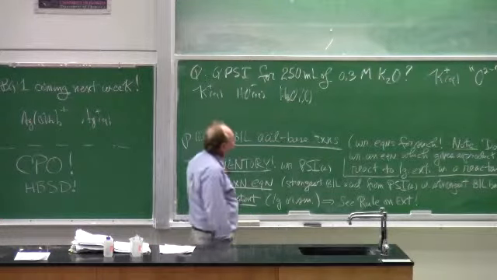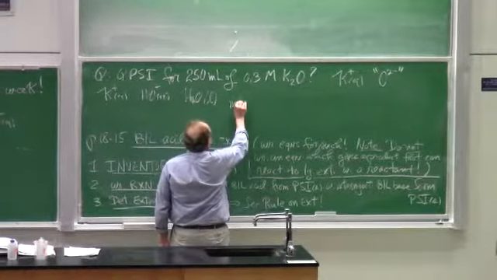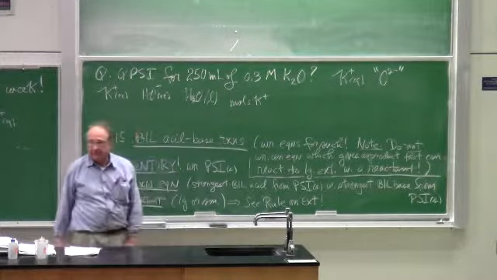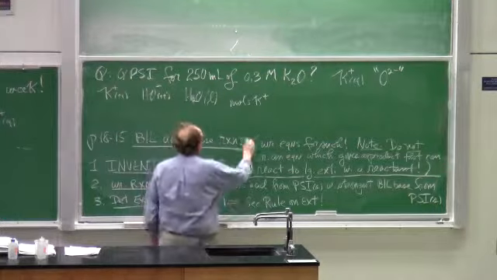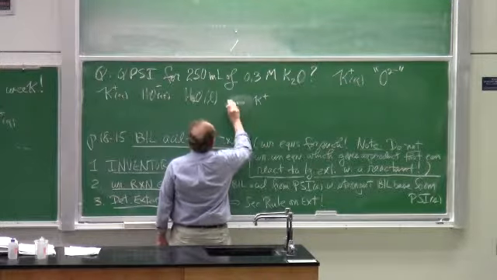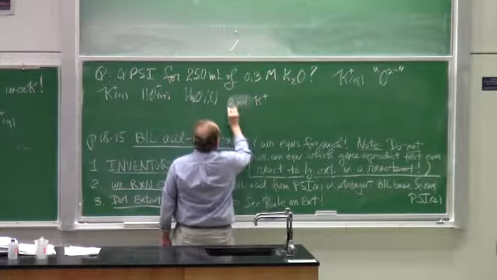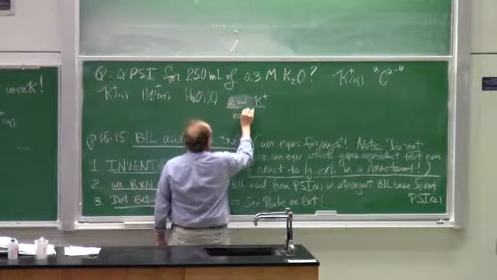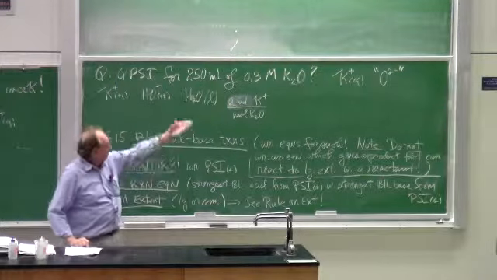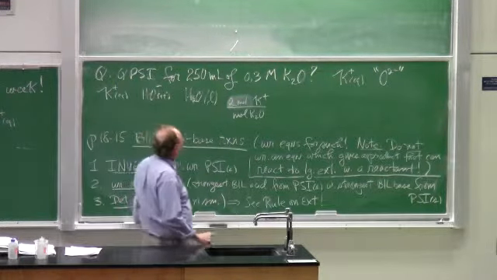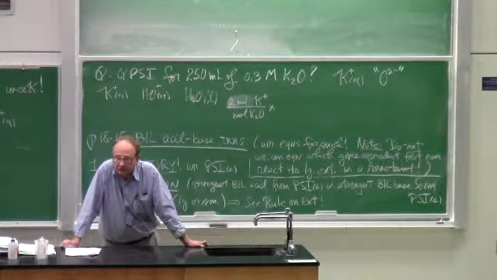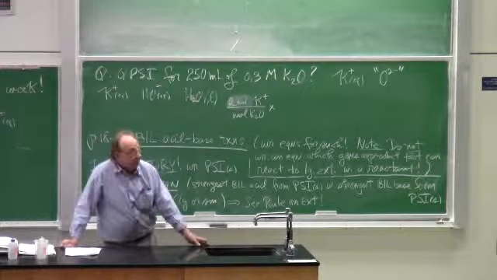So, for example, if I want moles K+, let's do it this way. 2 mole K+ per mole K2O, the formula for K2O. How do I get a handle on moles of K2O dissolved as solute in this solution system? Look at the molarity.